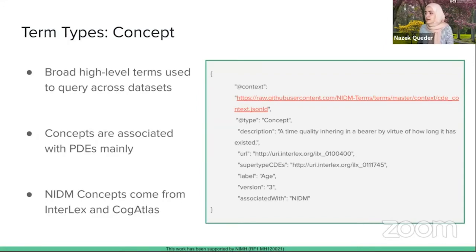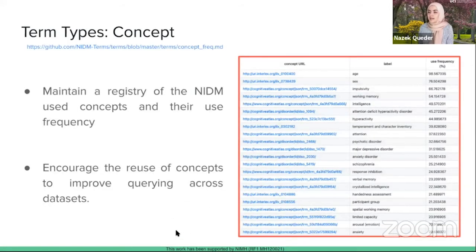In this case, in the supertype CD property, this term, if I click on the link, it'll take me to the concept of time, which makes sense because age is about the time quality, as it mentions here in the description. So we annotated multiple data sets with concepts.